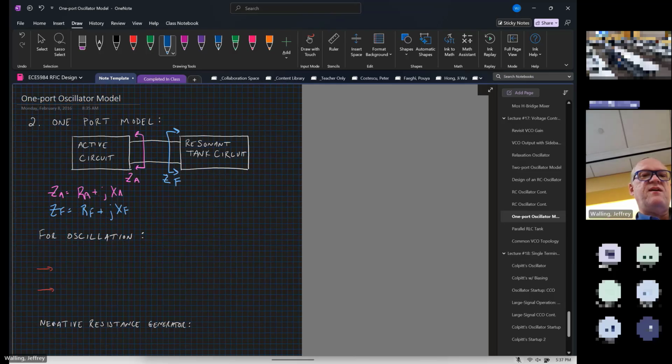Really what we're saying is that XA plus XF needs to equal 0. And we also know ultimately that the sum of the resistances has to be equal to or less than 0.